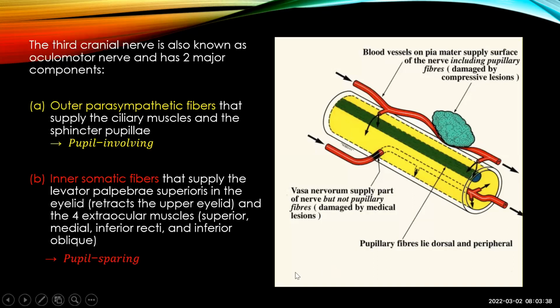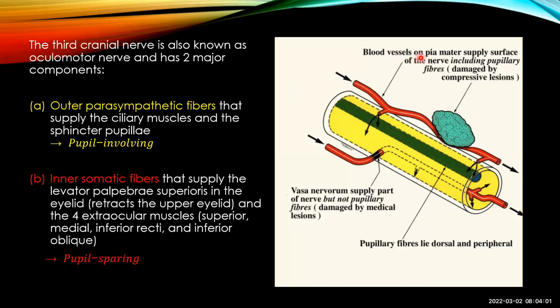The first will be outer parasympathetic fibers, and second, inner somatic fibers. What we can see from this picture over your right-hand side, the outer parasympathetic fiber actually lies dorsally and peripherally. Its main function is to supply the ciliary muscle and the sphincter pupillae, causing pupillary constriction.